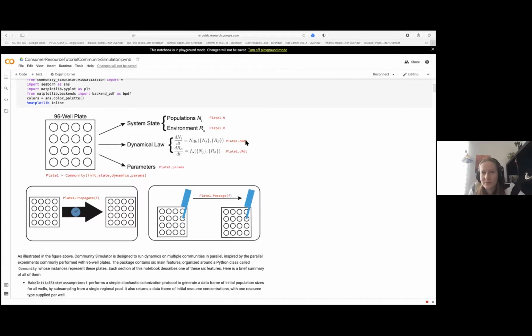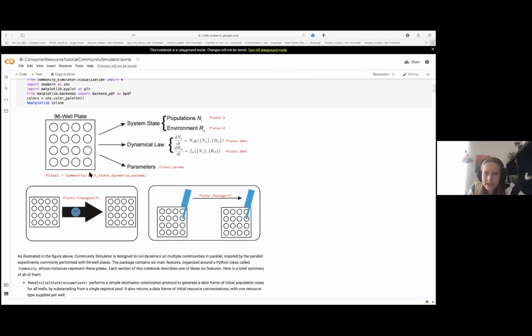Then we have to specify for this plate class a dynamics law that will describe growth rates of your microbes and how they consume resources and how they run out. This all can be summarized in this parameter vector that is specified for this plate.